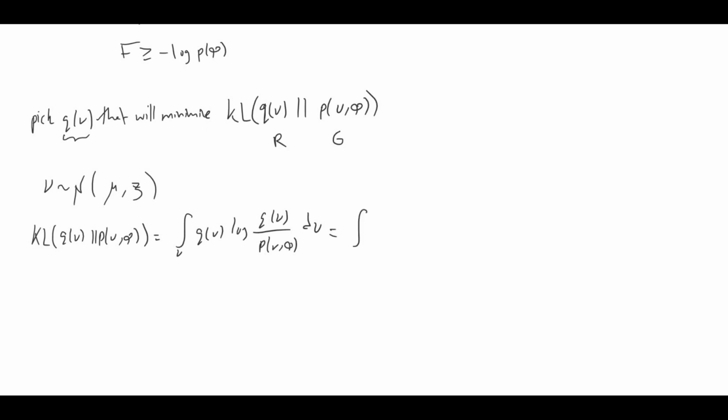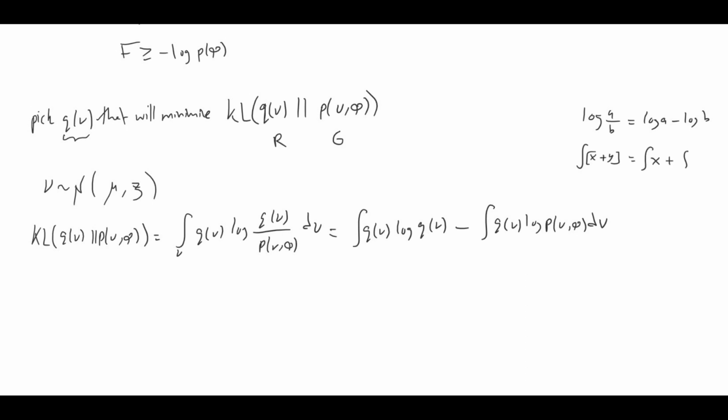And we can expand this by writing the integral of Q log Q minus the integral of Q log this. Here I used the identities log A over B equals log A minus log B, and if you have x plus y, you can write the integral of x plus the integral of y. These are the two identities I used to do this.